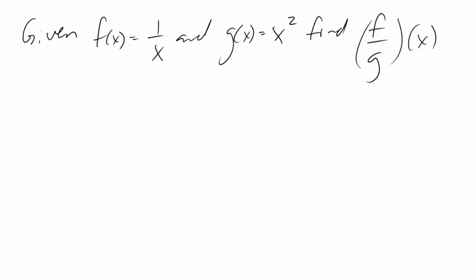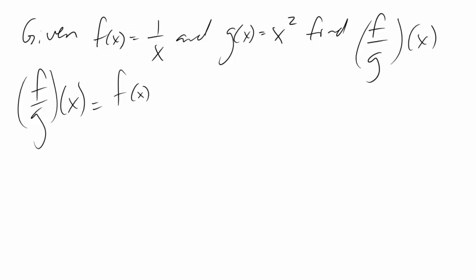Alright, here we're given f of x equals 1 over x and g of x equals x squared. We're looking to find f over g of x. So f over g of x is the same as f of x over g of x.